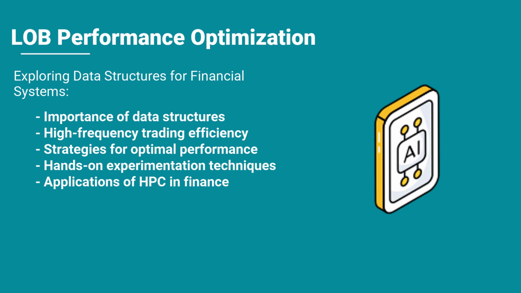Additionally, we discuss the applications of HPC in data analytics and machine learning, demonstrating how optimized algorithms and libraries can improve performance. Lastly, we emphasize the value of hands-on experimentation and optimization to fully leverage HPC's potential. Now we will cover data structures and strategies specifically suited for financial systems.